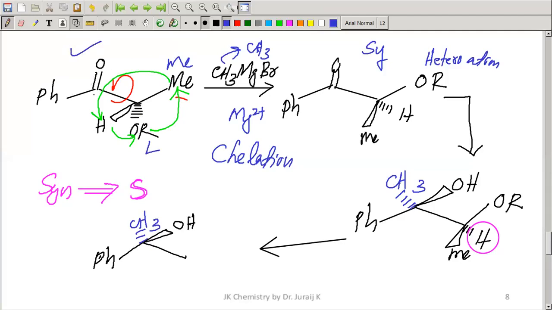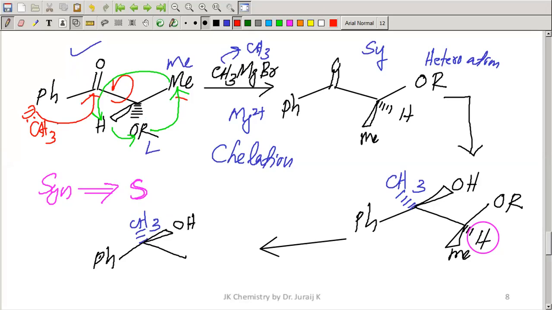Here the change already happened in the carbonyl compound. Nucleophilic attack happened. Here your nucleophile was CH3 minus, which attacked from the bottom face, right? Then it attains a dash position, and OH will be in the wedge position.